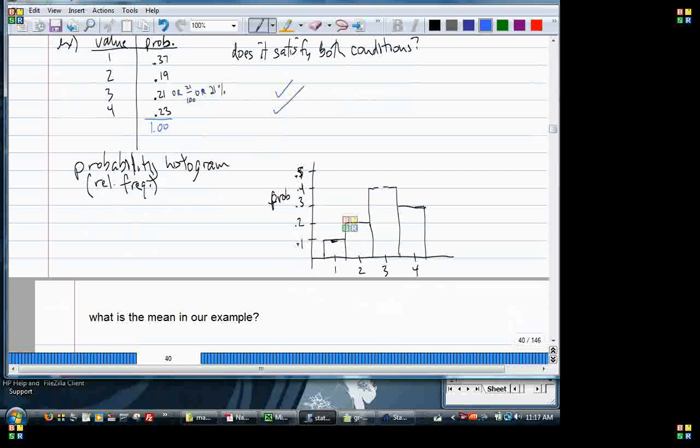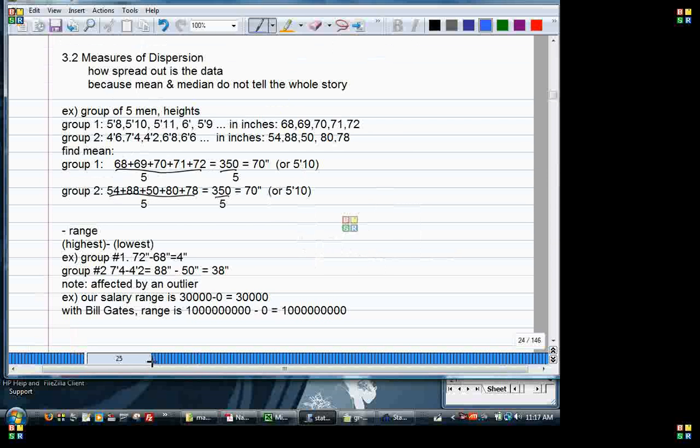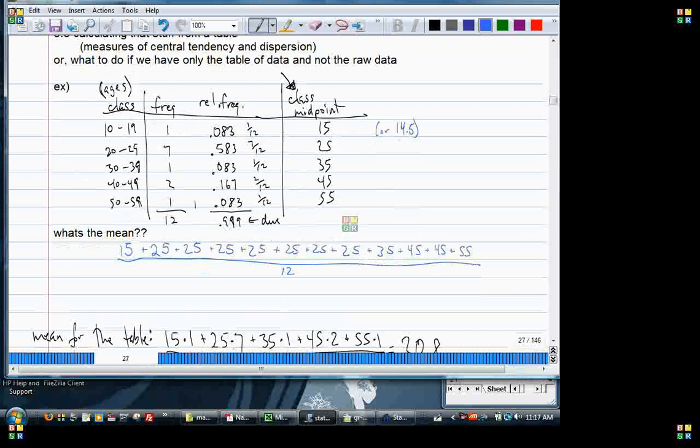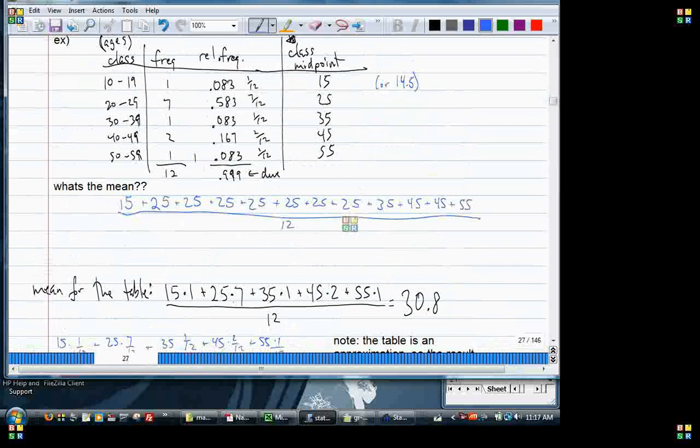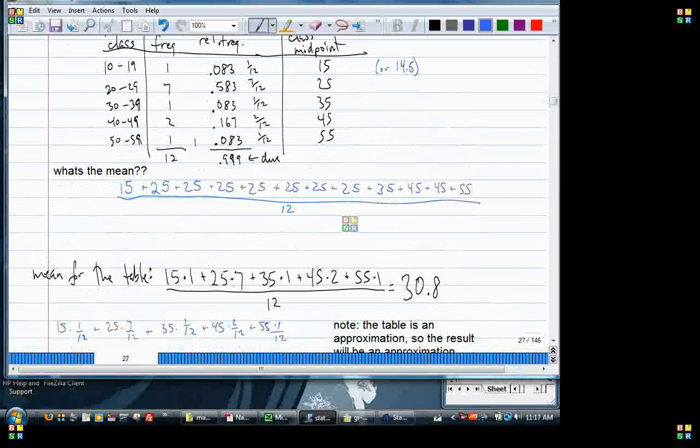Absolutely. We talked about this a little while ago. It's the exact same calculation as for a weighted mean. So let me pull up, here we go. If you think back to this calculation, we're using as our data values 15, 25, 35, 45, 55, if you remember this example with the ages.